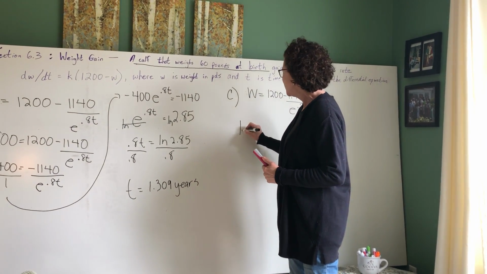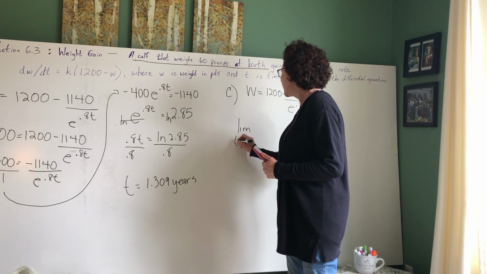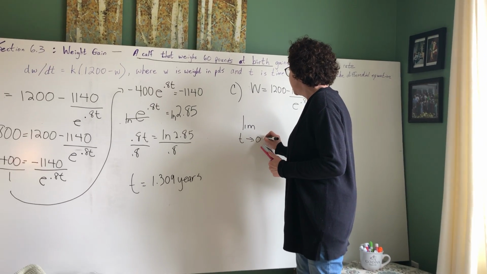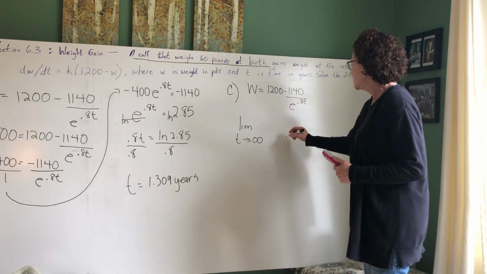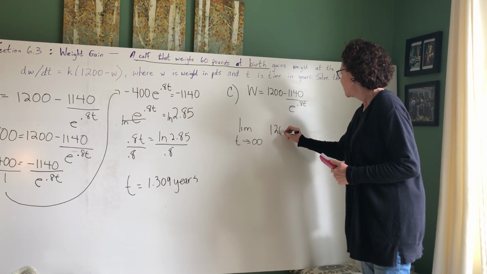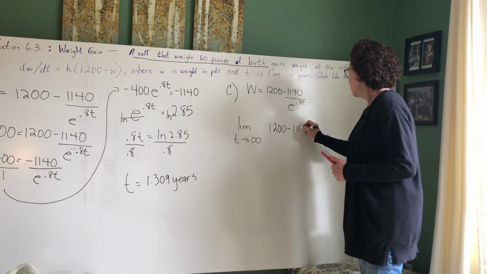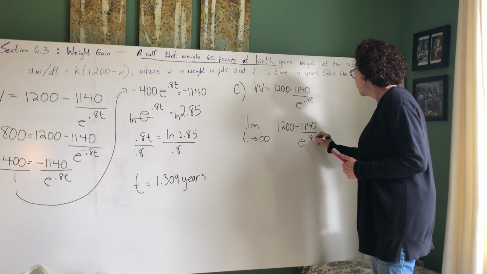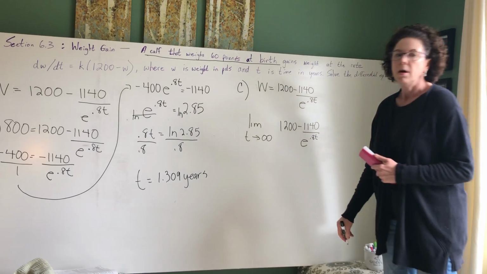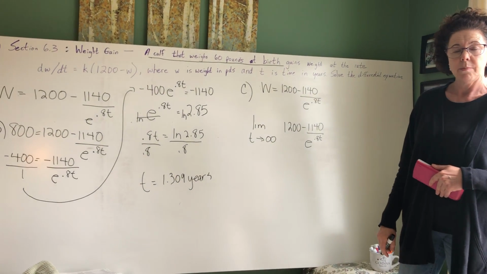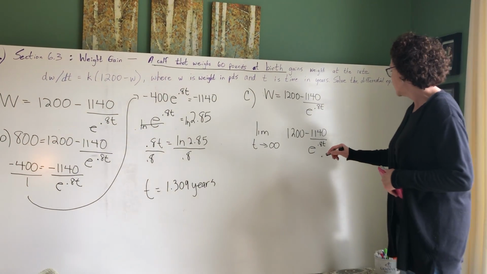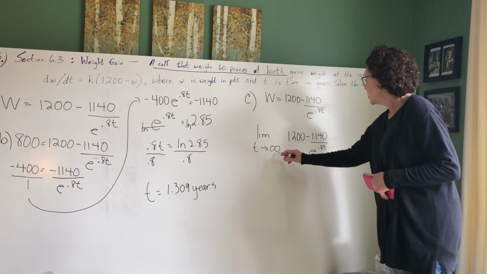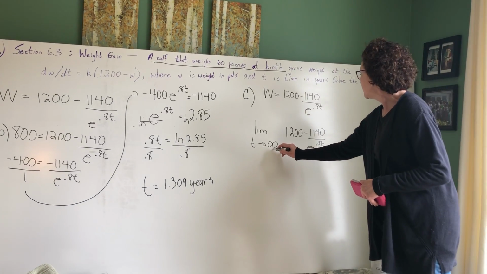So I'm actually looking for, what would this be, Maddie? Hi, Maddie. This would be the limit as t approaches infinity of this expression here. This is the weight expression, and we want to know as time approaches infinity, what would be the maximum weight of the animal. So let's go through this logically here. Angela, you can do this with me, right?